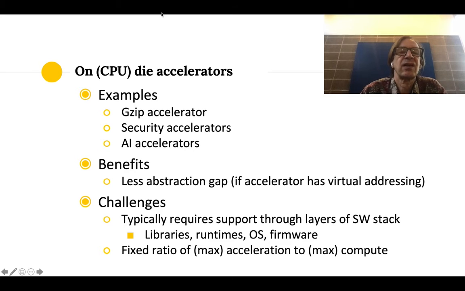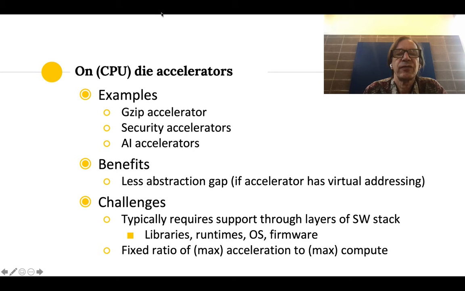So the accelerators that I'm talking about here are on the die, but not in core. Security accelerators that can encrypt a certain region of memory, for example, or AI accelerators that might be a unit that helps you provide inferencing at a faster rate.